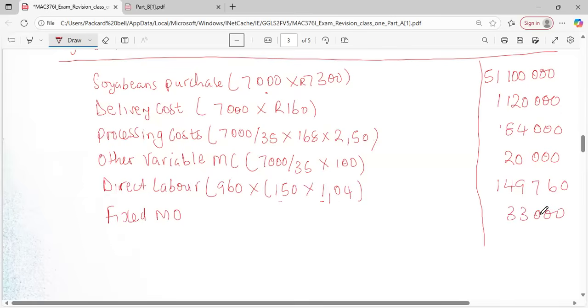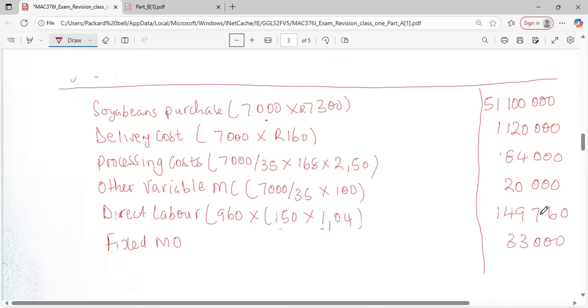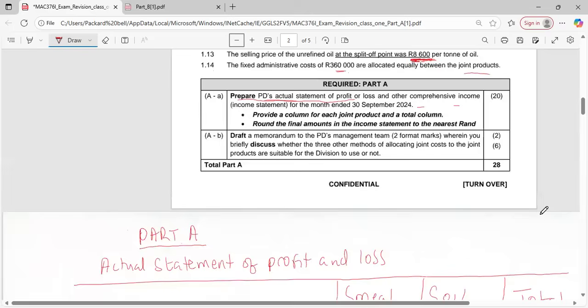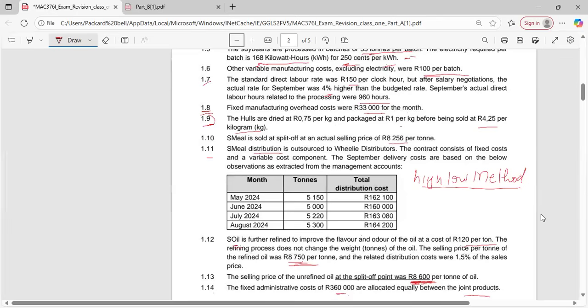Right? Let's check if there is anything that goes to fixed manufacturing overheads. So now 1.8, what else do we have to take to fixed manufacturing overhead? I think that's all. Yeah, that's all.